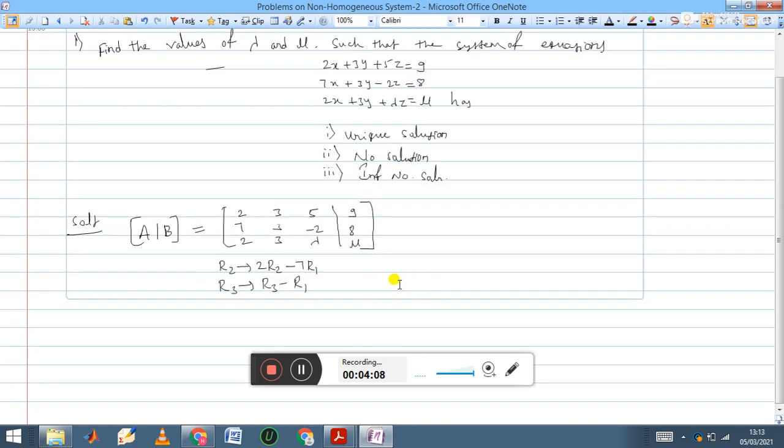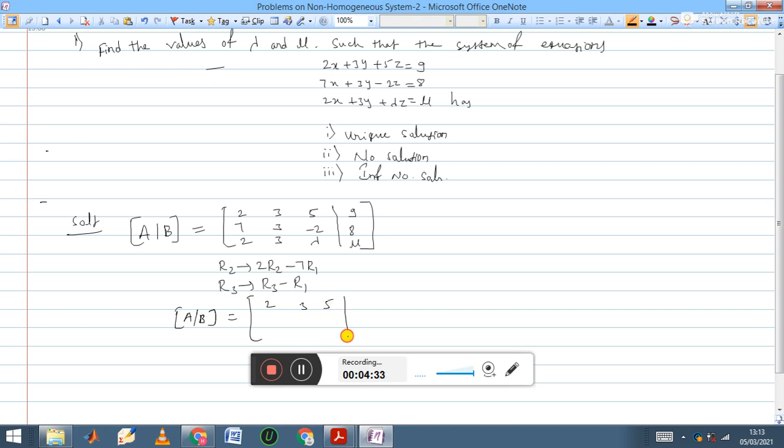Use these operations, then your augmented matrix AB reduces to: first row as it is, 2, 3, 5, 9.